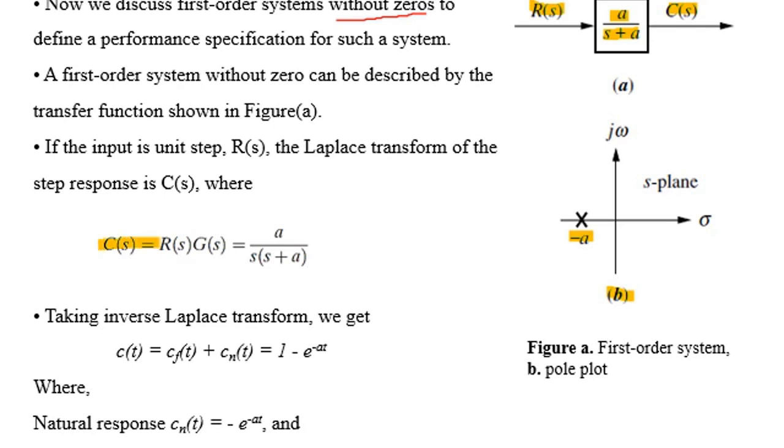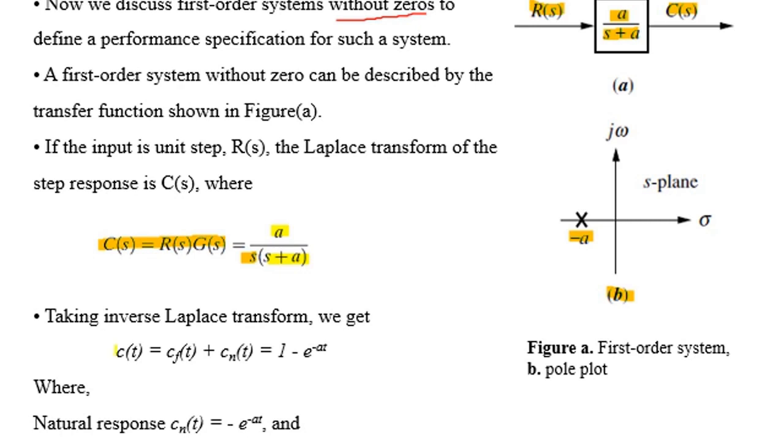Now if we assume that step input is applied to the first order system G of s, then output of the system C of s will be equal to R of s multiplied by G of s, where R of s is equal to 1 over s and G of s is equal to a divided by s plus a.